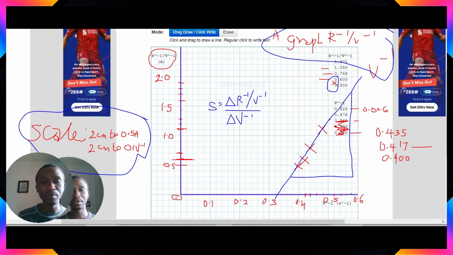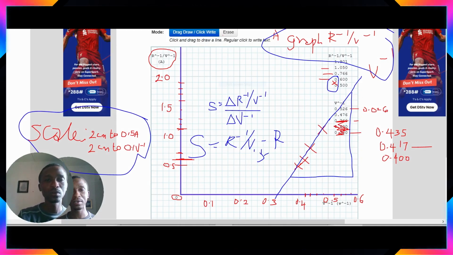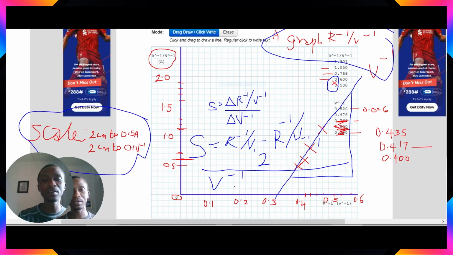And that will give me S, which is slope, equals R inverse over V inverse 2, which is the highest value, minus R inverse over V inverse 1, then everything over V inverse 2 minus V inverse 1. So that's the formula.